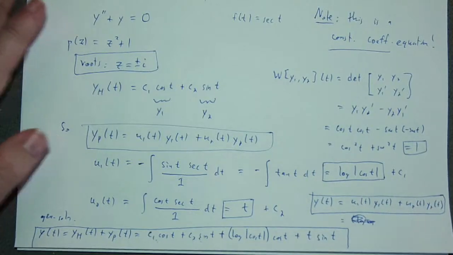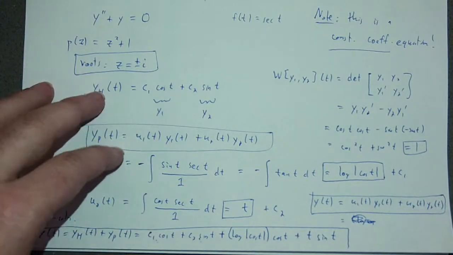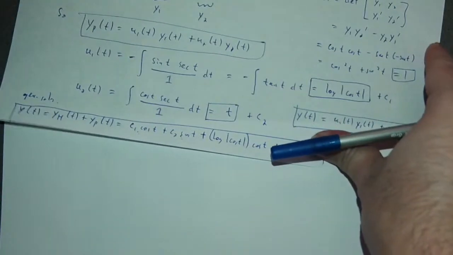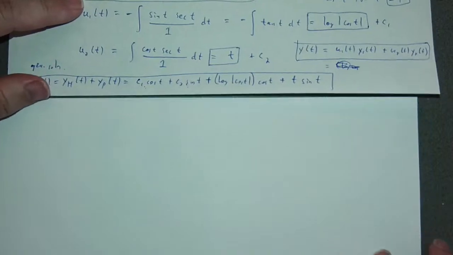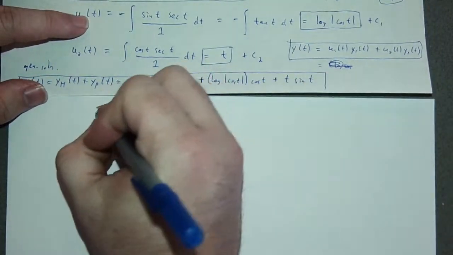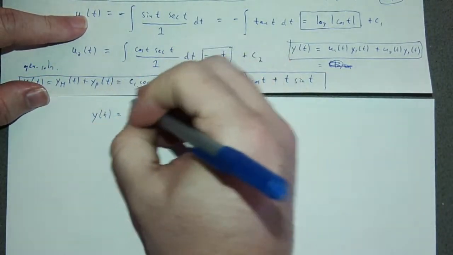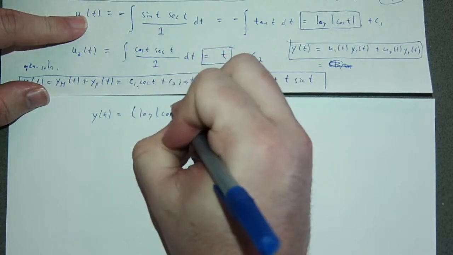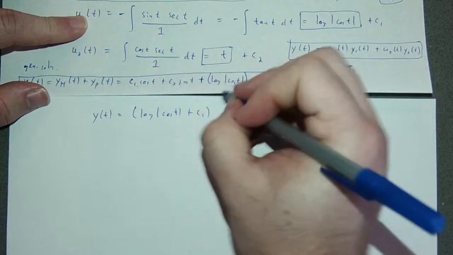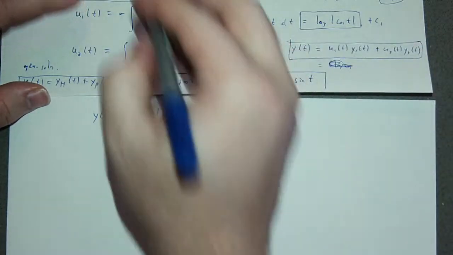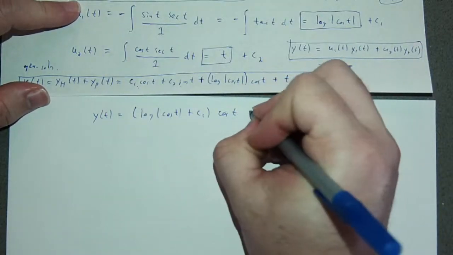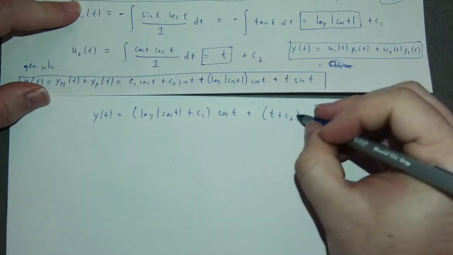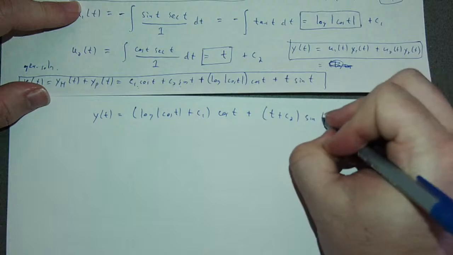Maybe I'll write it on the next page so that I actually have room. So what does this become if I just copy this over? y of t would be log absolute value of cosine t plus c1 times y1 of t, which is cosine t, plus t plus c2 times sine t.